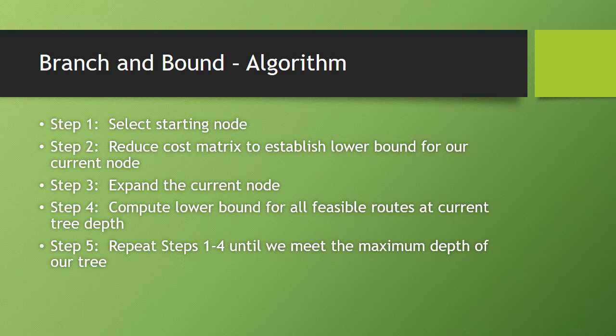So this is the basic description of how the branch and bound algorithm works. We're going to start by selecting a starting city, and then we're going to reduce our cost matrix to establish a lower bound for our current node. We'll expand the current node, and then we'll compute lower bounds for all feasible routes at the current tree depth.